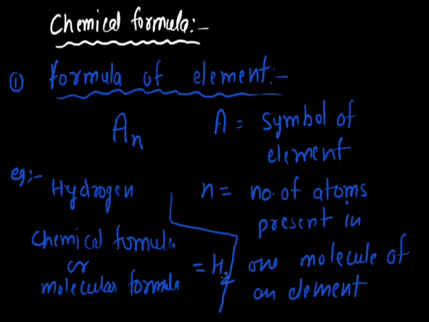It means one molecule of hydrogen contains two atoms. For ozone, we can write the molecular formula O3 because one molecule of ozone contains three atoms of oxygen. But for oxygen gas, we use O2. It means one molecule of oxygen contains two atoms of oxygen.